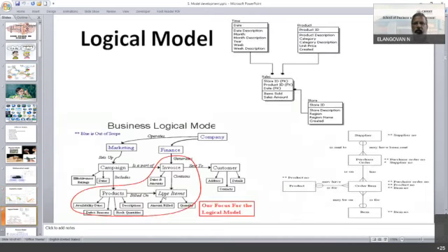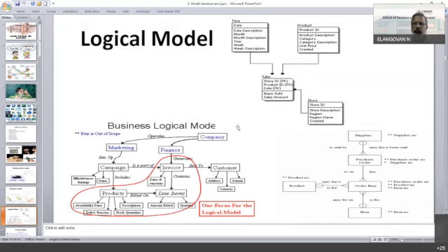Then we have what is called a logical model. We use logical models in computer science, physics, or electronics. In electronics, we have the truth table and logic model for circuit building. You build the truth table with the logical model, and then you build the circuit.